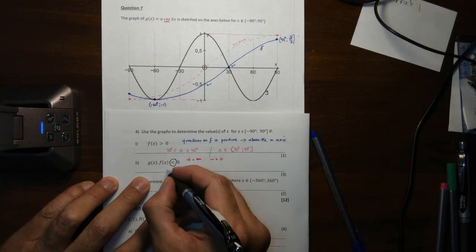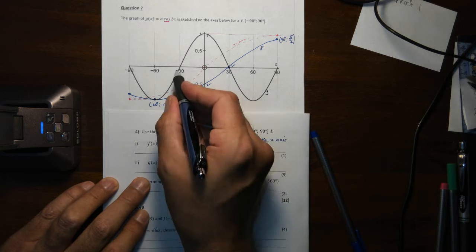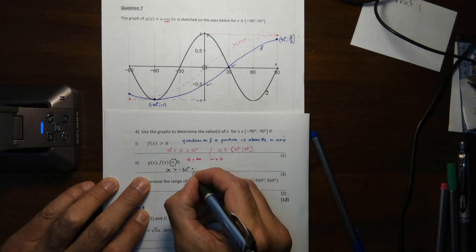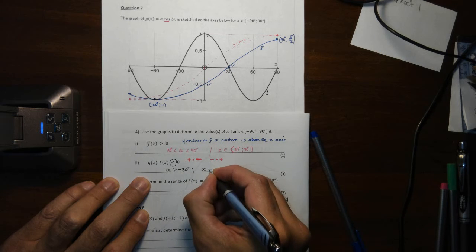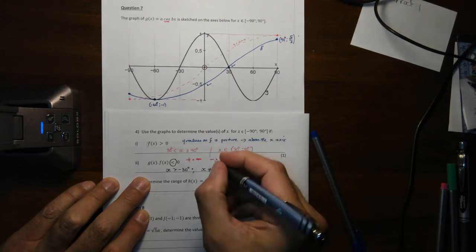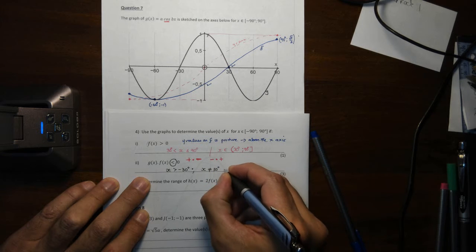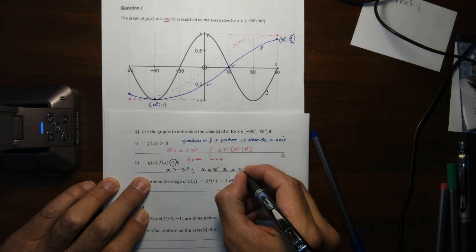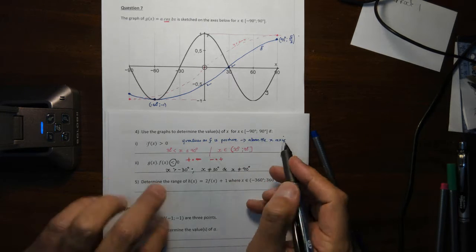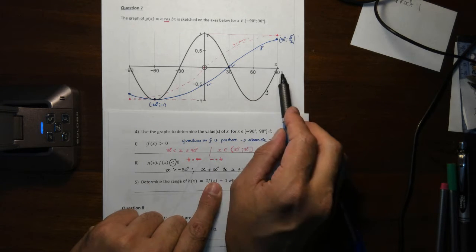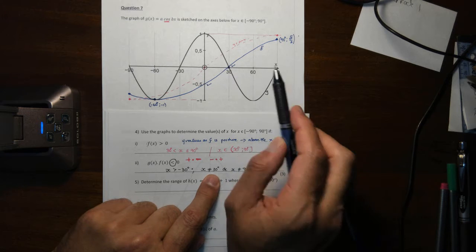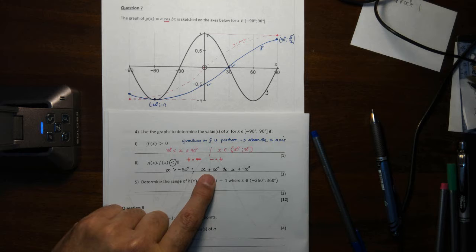So I can say, okay, x is strictly bigger than minus 30, but x can also not be 30 degrees, or x can also not be 90 degrees, because that will exclude the other 2 points where indeed it is 0. Now that's given in this form.